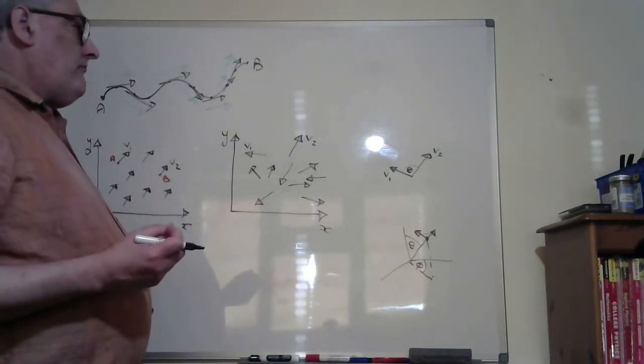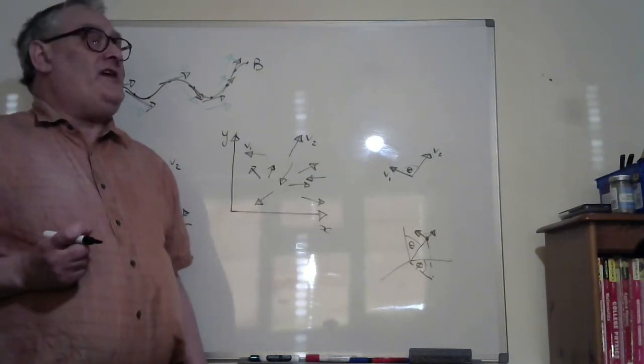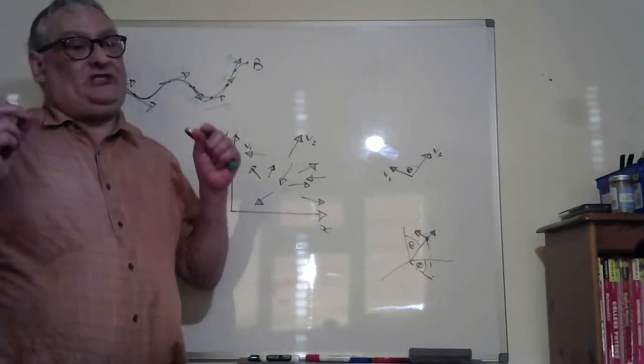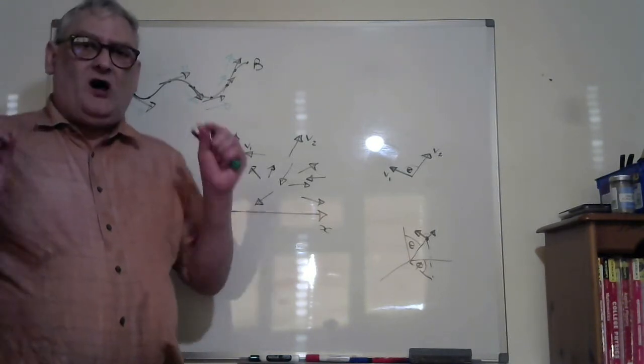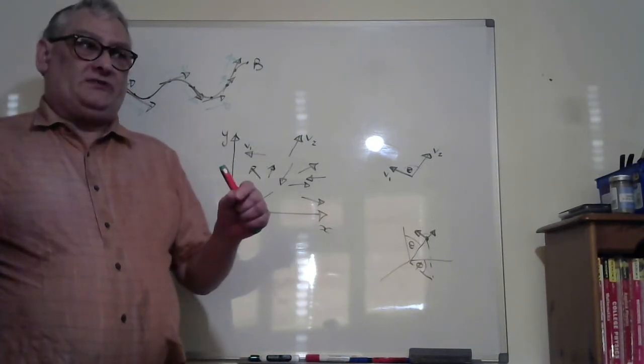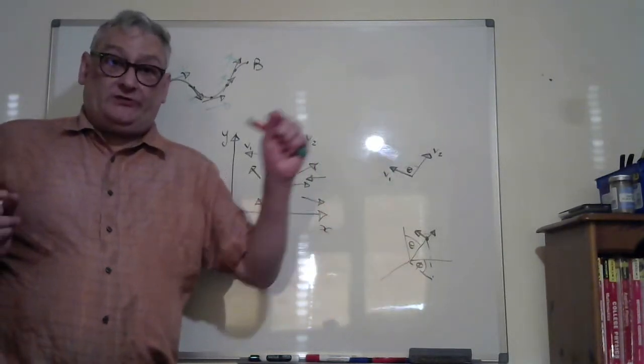Now, that angle theta is called the covariant derivative. And what the covariant derivative actually means, the actual word, is something that varies according to the variation of something else.